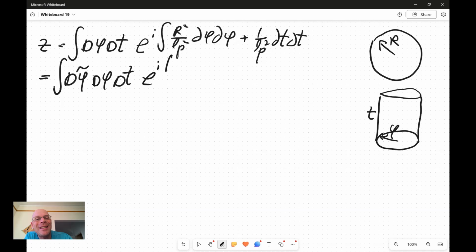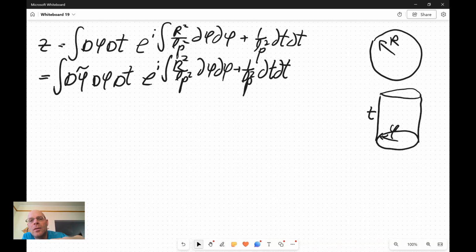So I'm just copying the previous action and adding to it a term d phi wedge d phi tilde. Sorry, not star. What I meant is tilde. Okay.